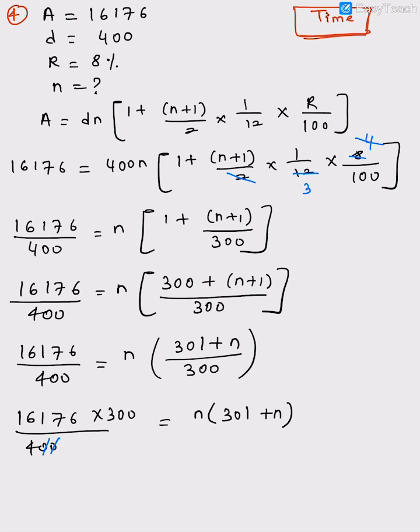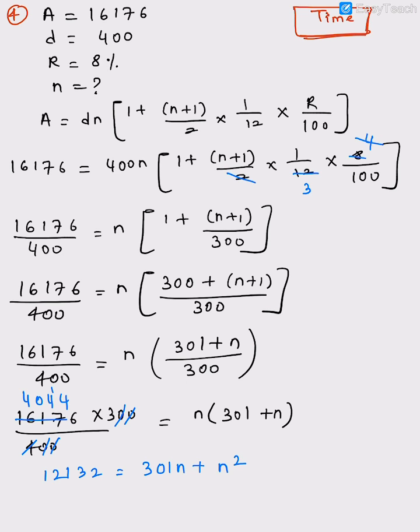So cancel the zeros. 4 ones are 4, 4 fours are 16, 4 threes are 12, 1 carry, 13. So you get 12132 is equal to 301n plus n square. That's your quadratic equation.